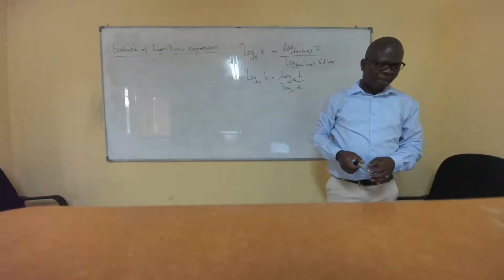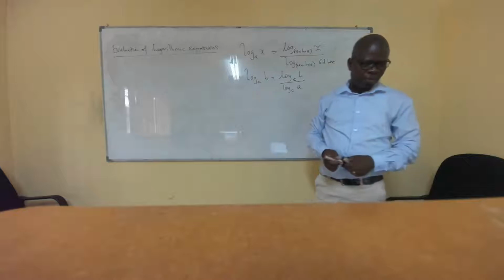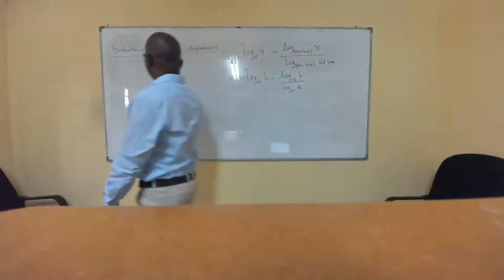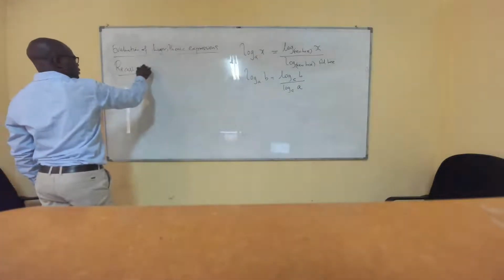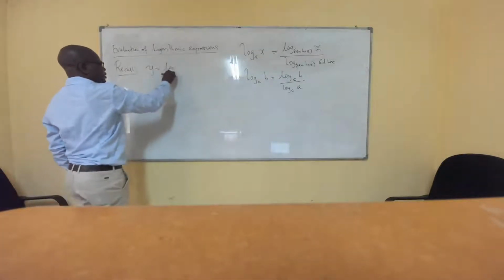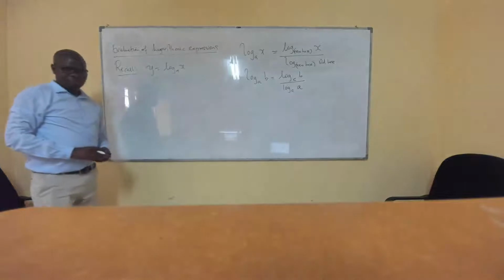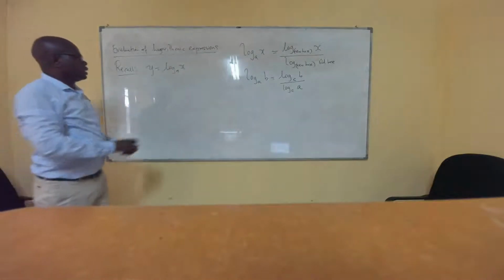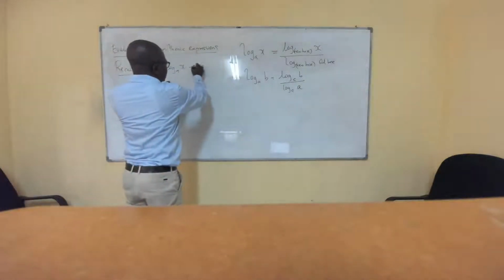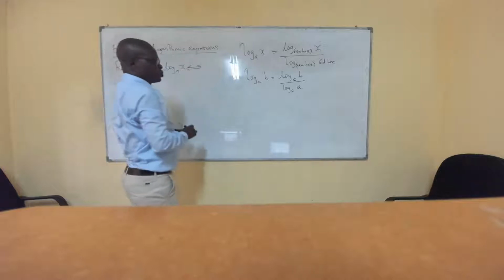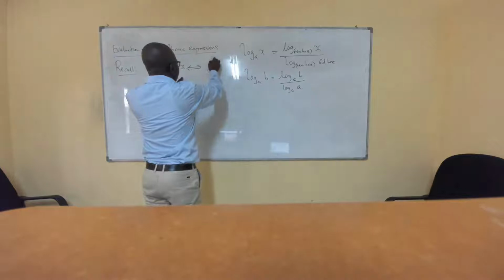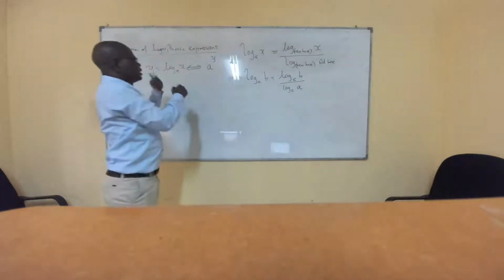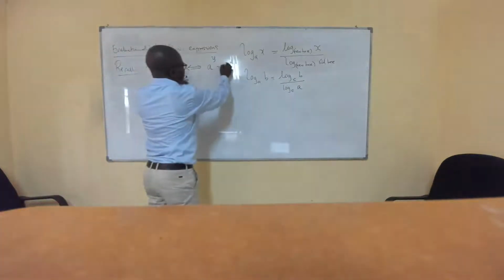We had indicated that, also recall that if y is log base a of x, then there is an equivalence. We can write this as: the base raised to the power y gives this number x. It's the power to which the base must be raised to give this number x.